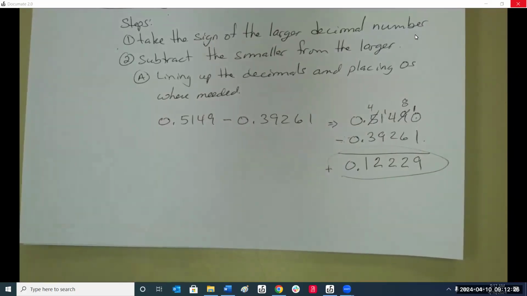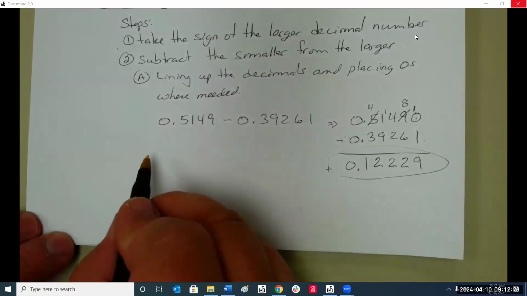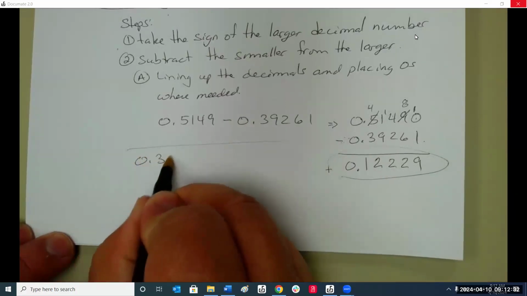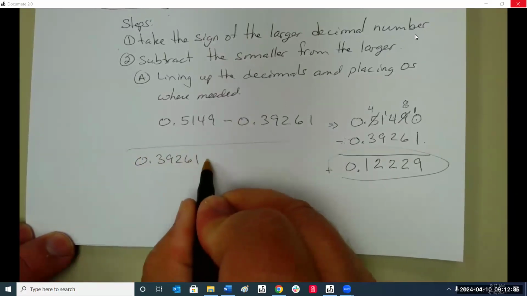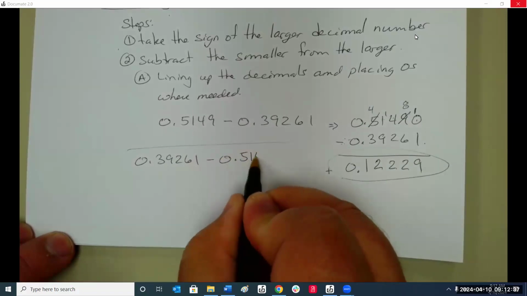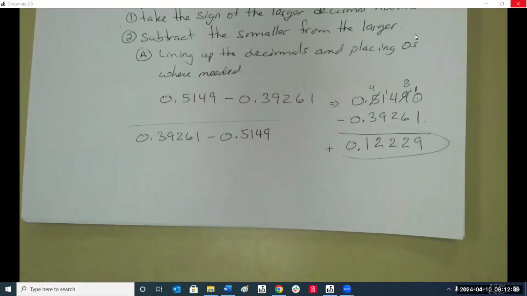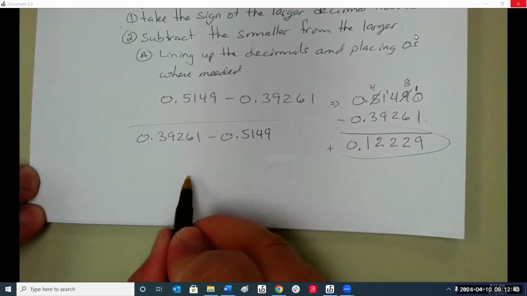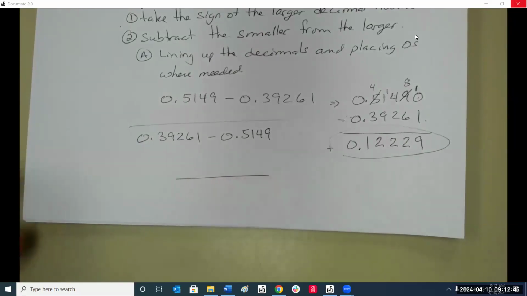We do the same thing if we had them reversed. The first thing we got to do is, will the answer be positive or negative? Which number is bigger?